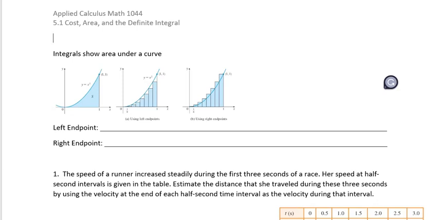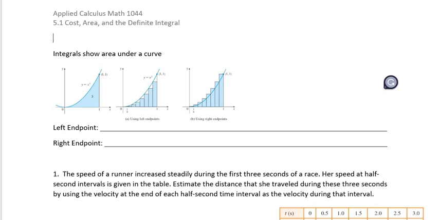So the idea of using the rectangles is something that's called Riemann sums. And you are summing the area of each little rectangle as you draw these rectangles under the curve, with the idea that the more and more rectangles you draw, the closer and closer you're going to get to the actual value of the area. So when we look at the pictures that we have here, the first picture shows the area under the curve with the curve drawn and the area colored in.